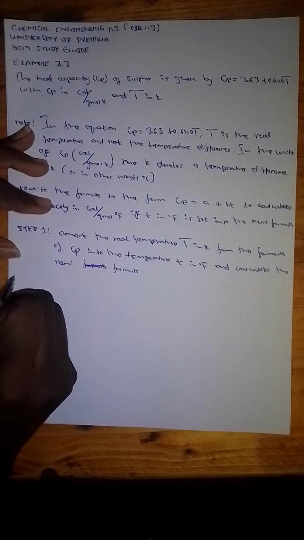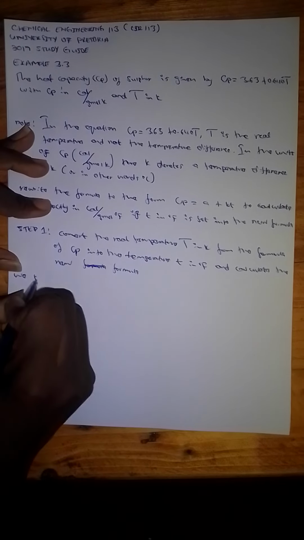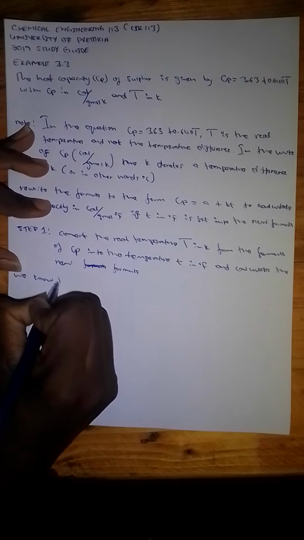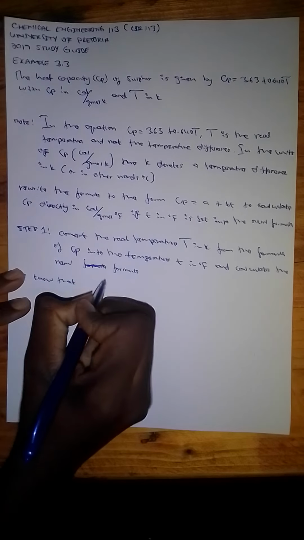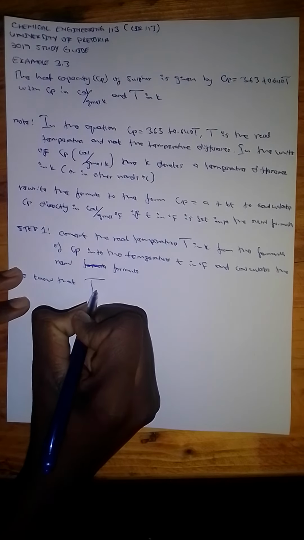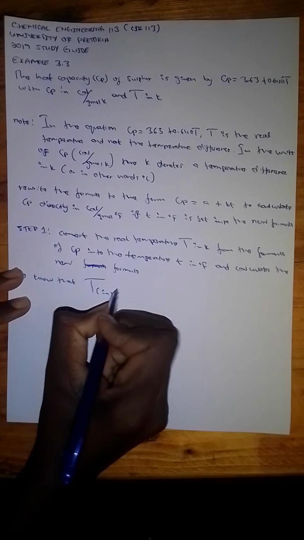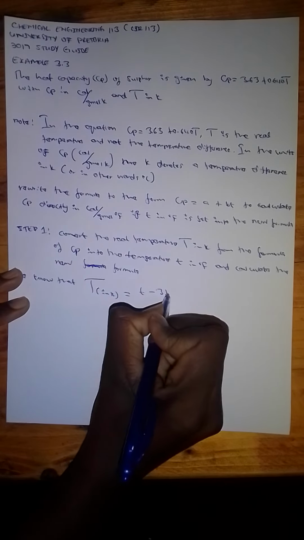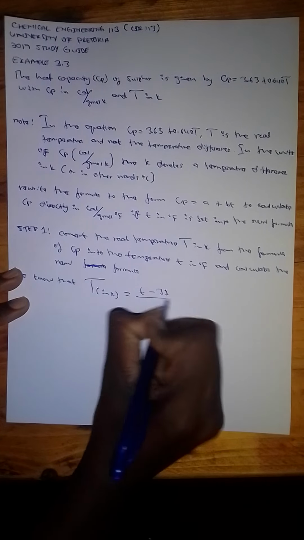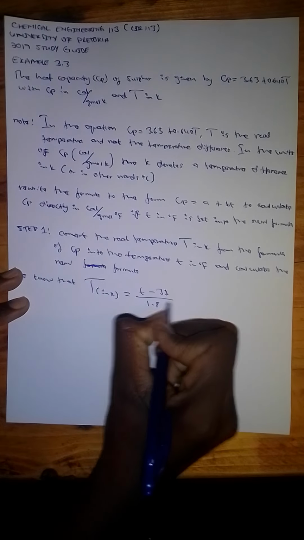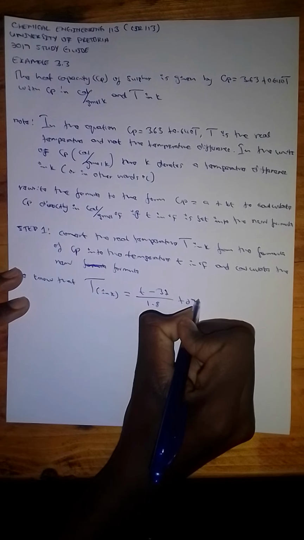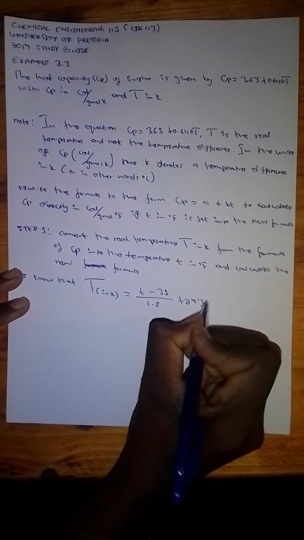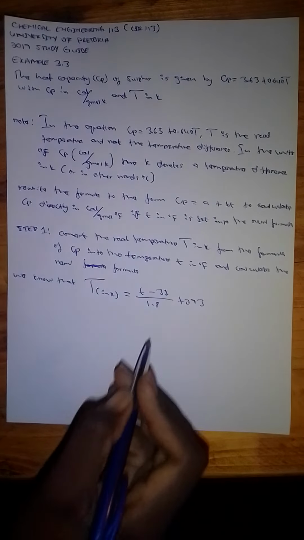We know that T, which is the temperature in Kelvin, equals (t minus 32) all over 1.8, plus 273. This is something we know.